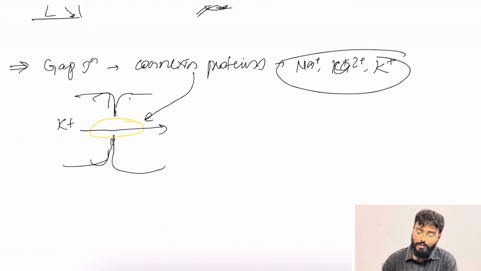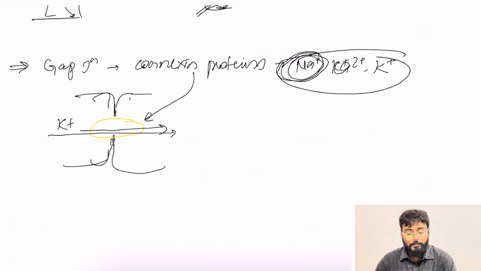But the sodium ion can also pass through this. So the way the adjacent cardiomyocyte gets activated is mainly through sodium ions. The main ion responsible for activation of the adjacent cardiomyocyte is sodium. Whenever sodium ions move from one cardiomyocyte to the other, they raise the membrane potential to a less negative value. Let's just say from minus 96 millivolts, it raises it to about minus 80 or minus 75.